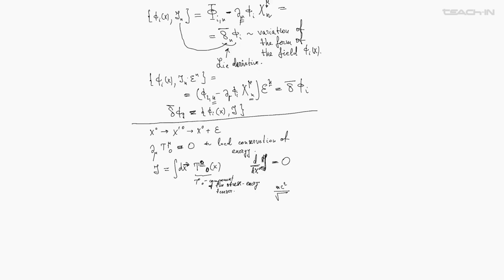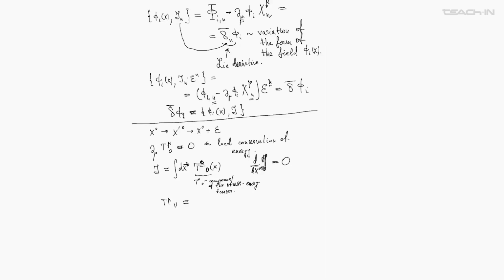But what we are talking about here is not even particles. We are talking about fields. In the case of a field, we have a concept of a stress energy tensor, which I discussed in the last lecture. This was T mu nu, and we derived an explicit expression.